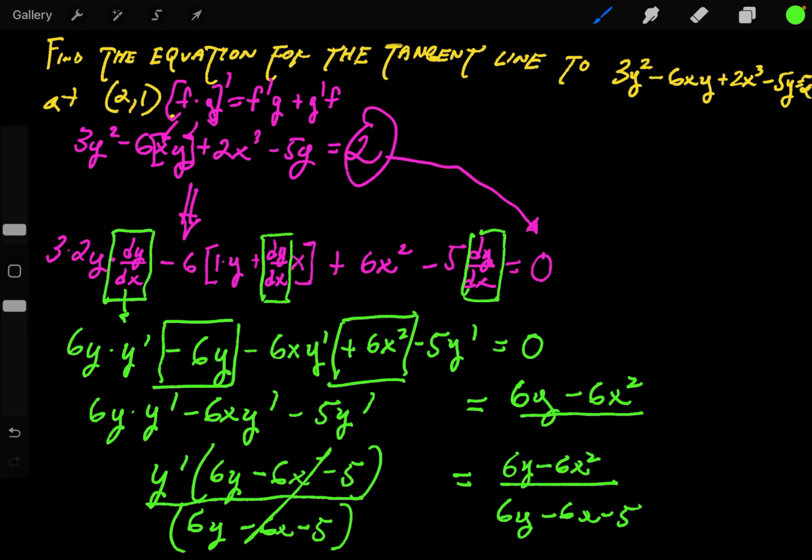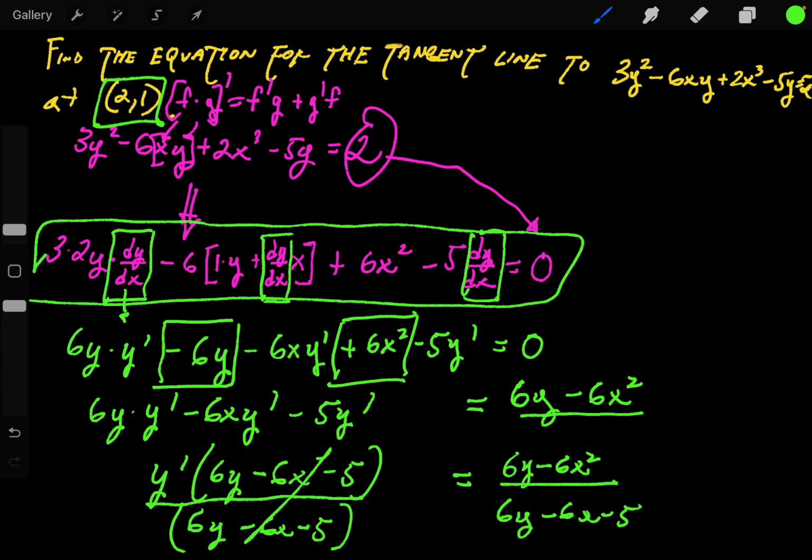You could plug this point into this equation and then solve for dy/dx. But now I've solved for y prime. It's equal to 6y minus 6x squared over 6y minus 6x minus 5. When you plug in the point 2 comma 1, make sure you know 2 is an x value, 1 is a y value.